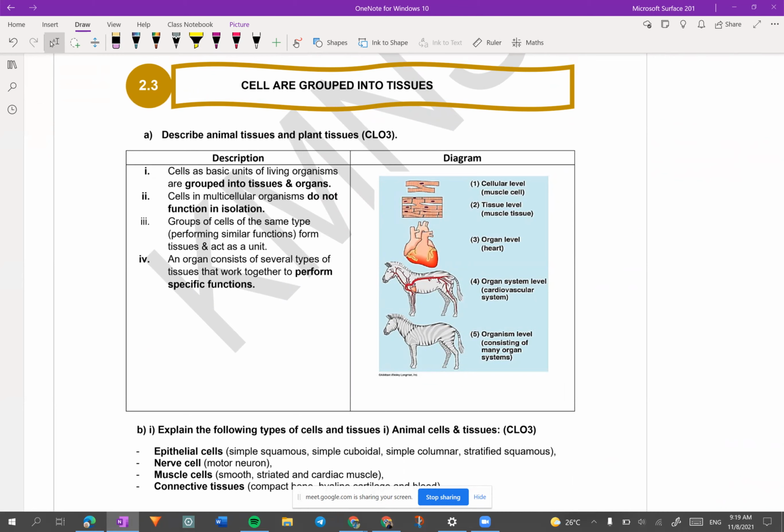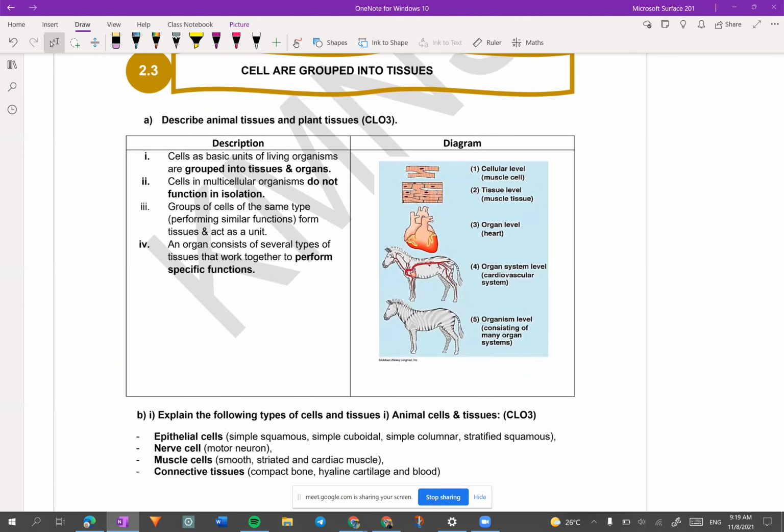So you need to be able to describe animal tissue and plant tissue. So do remember that tissue adalah apabila cell dengan cell interact performing the same function. So dia akan jadi the tissue. So here dekat sini, describe animal tissue and plant tissue, CLO3. Description kita adalah group into tissue and organ, and then cells does not function in isolation.